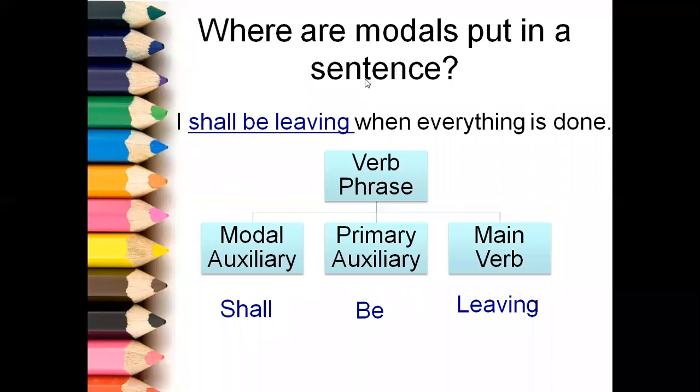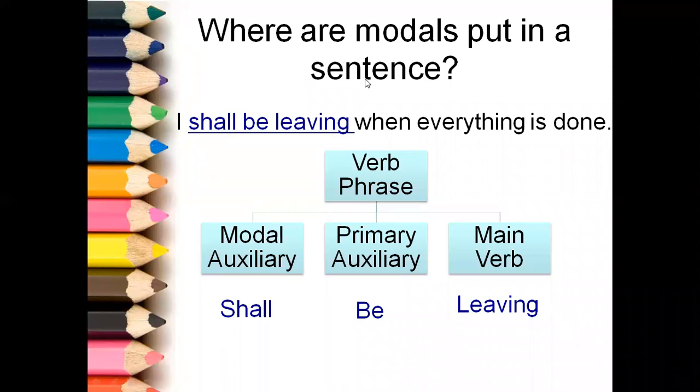Now this verb phrase can be divided into three parts. Shall here is an example of a modal auxiliary. Be is called the primary auxiliary, and the main verb is leaving.